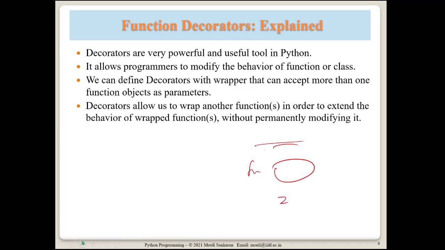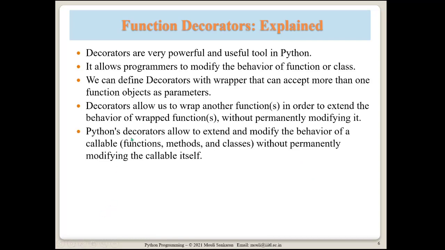That's the beauty of decorators. Python's decorators allow you to extend and modify the behavior of callable methods, classes or functions without permanently modifying the callable itself. Callable here is a noun, the function object which is getting called or passed. We are not modifying it, but we are beautifying it.